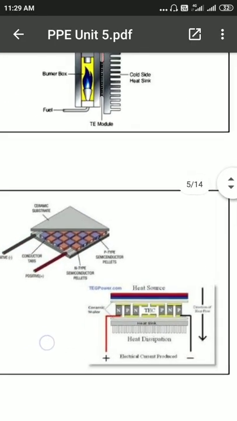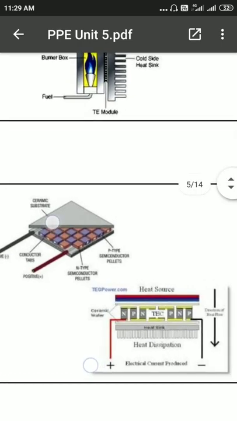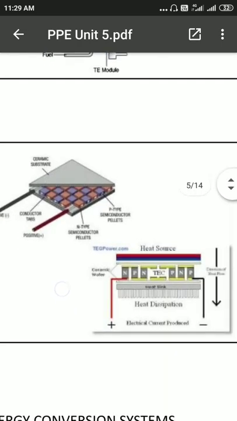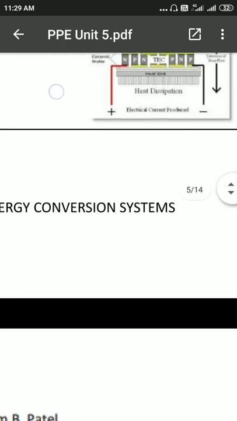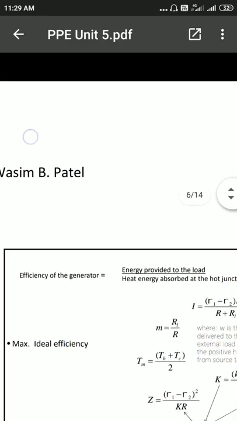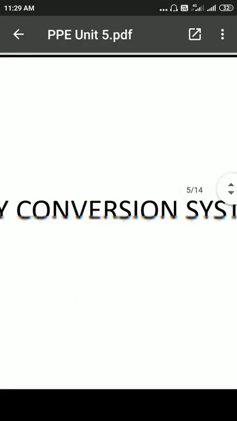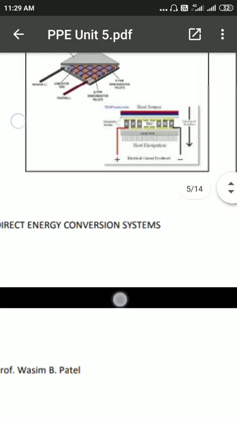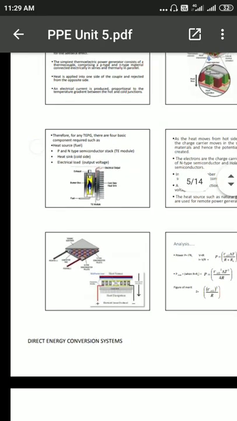These are combinations of multiple N and P type materials. So this is all about today's direct energy conversion system, and in that, the thermoelectric generator.